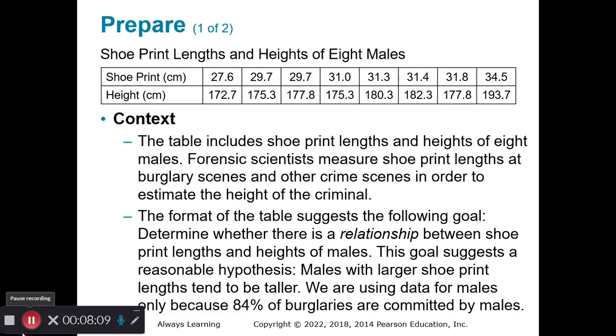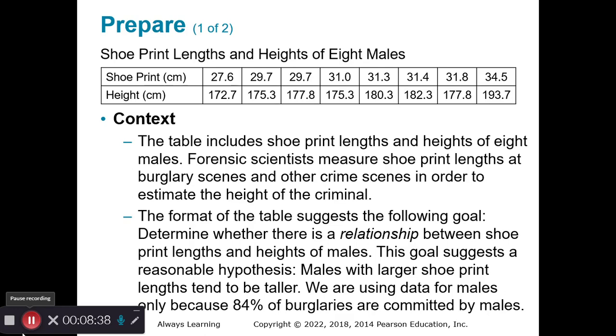Let's take a moment to look at this example. We have a table that has some measurements on the length of shoe prints, and we have some measurements that refer to the heights of 8 males, I'm assuming adult males. In the first row of this table, we have the shoe print measurements in centimeters, and on the second row, we have the height measurements in centimeters.